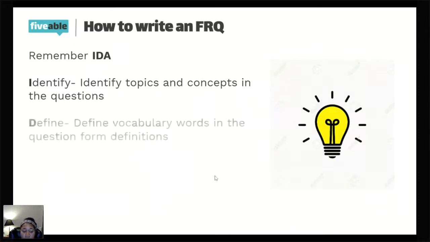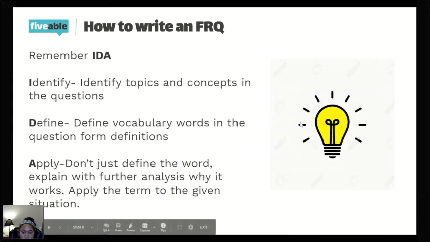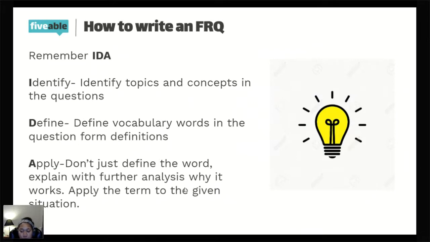D, define. Define vocabulary words in the question and form definitions. Lastly, A, apply. Don't just define the word. Explain with further analysis why it works. Apply the term to the given situation. So this is how you want to answer an FRQ. And we will be using IDA in the FRQ in the end, but this is just the overall steps.